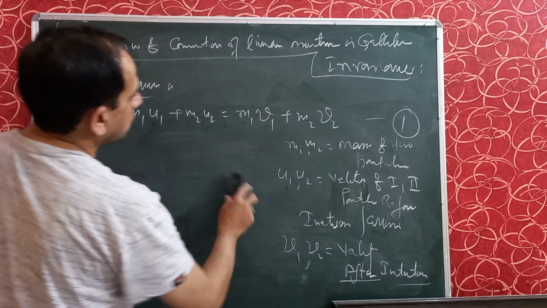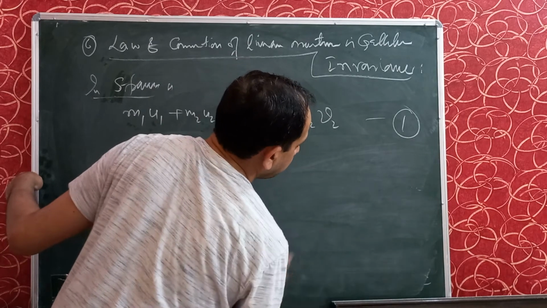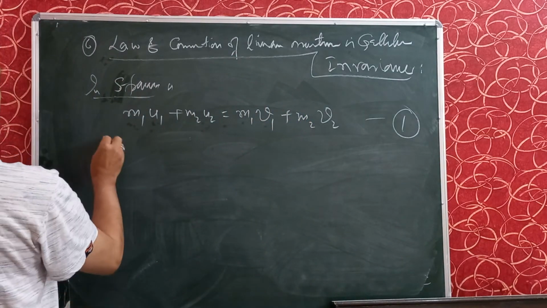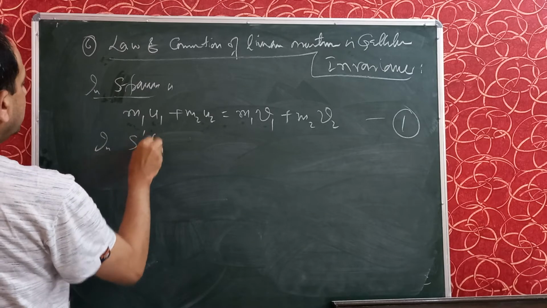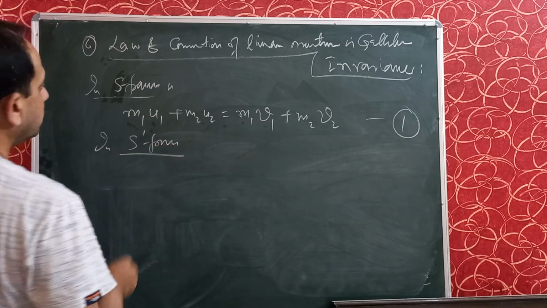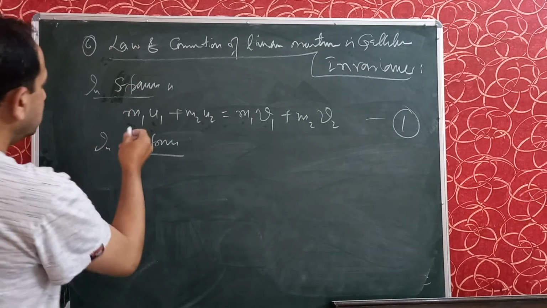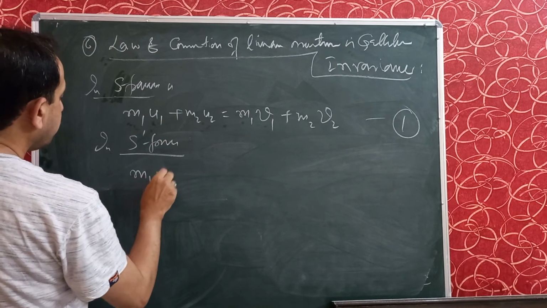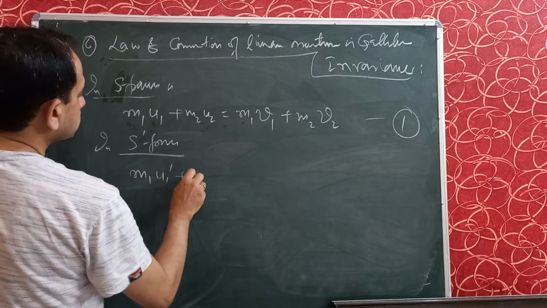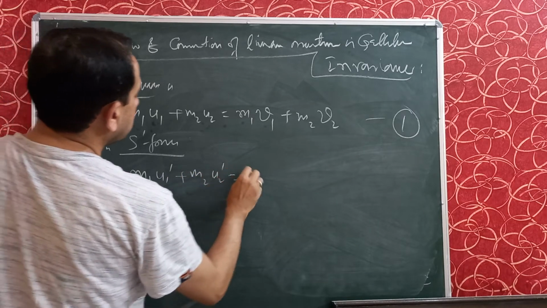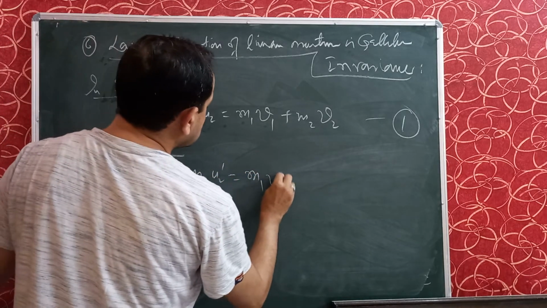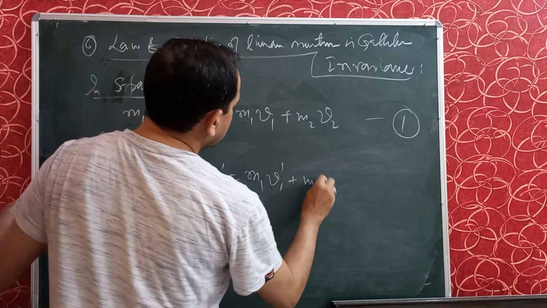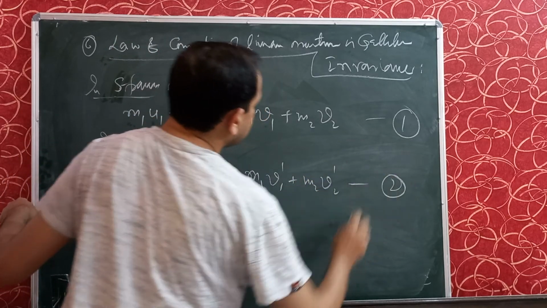Now, in S dash frame, we may write this conservation formula as m1 u1 dash plus m2 u2 dash equal to m1 v1 dash plus m2 v2 dash.